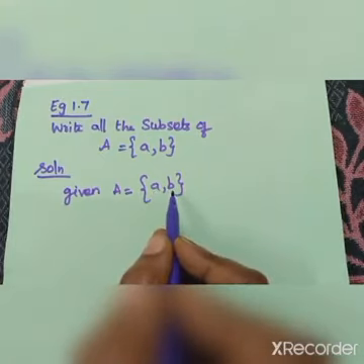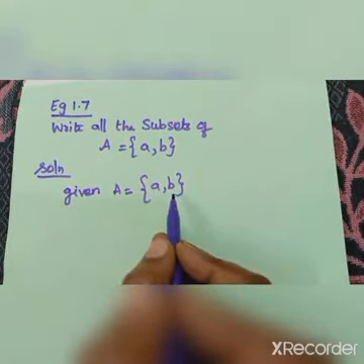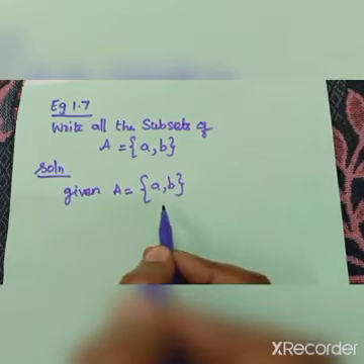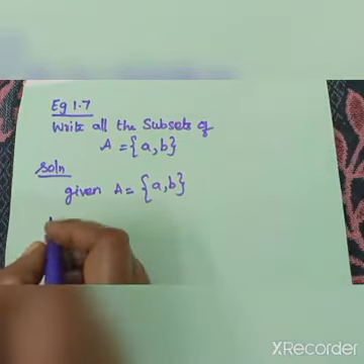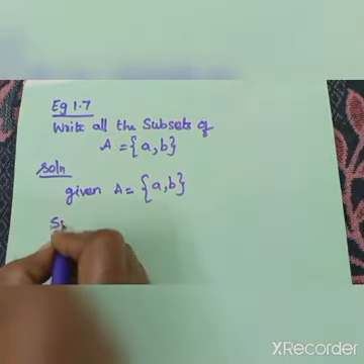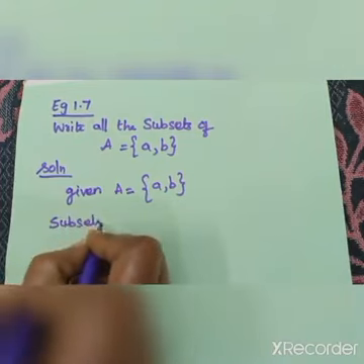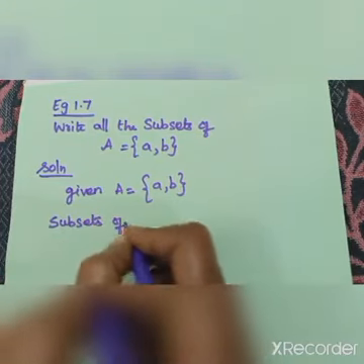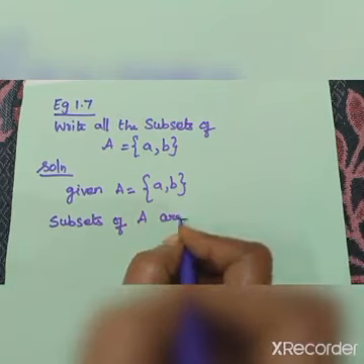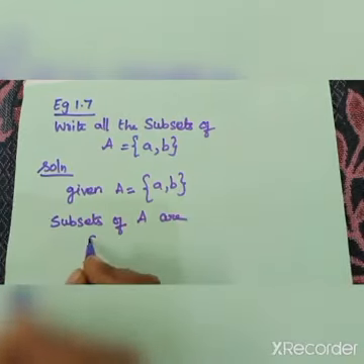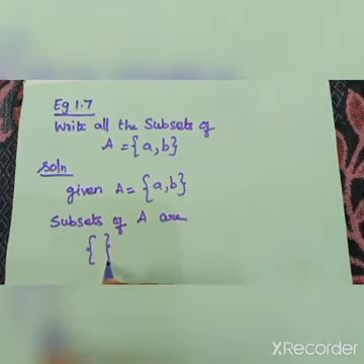By the note we come to know the empty set is a subset of every set, isn't it? So let's write the subsets of A. First of all, the empty set can be written.